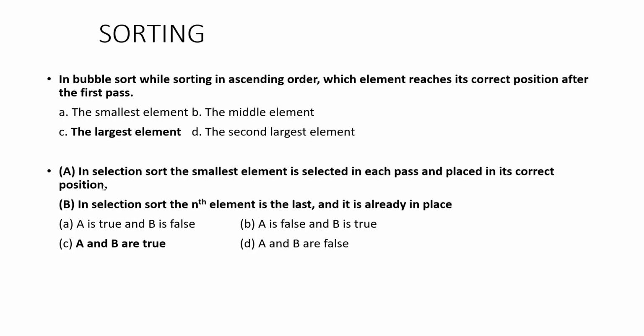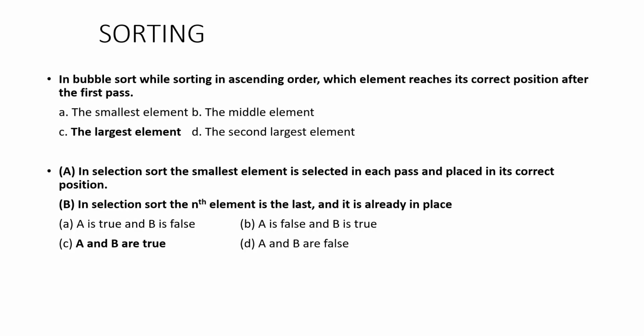A. In selection sort, the smallest element is selected in each pass. That is correct, and it is placed in its correct position. It is also correct. The second one, in selection sort, the nth element is the last and it is already in place.